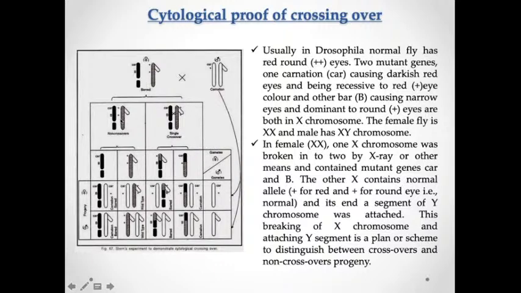First, let's see the non-crossover alleles. There is no crossing over here, and there is a single crossover. So we have a crossover between these two genes on XX. From the normal part you have plus and B, and CAR and plus, like this.